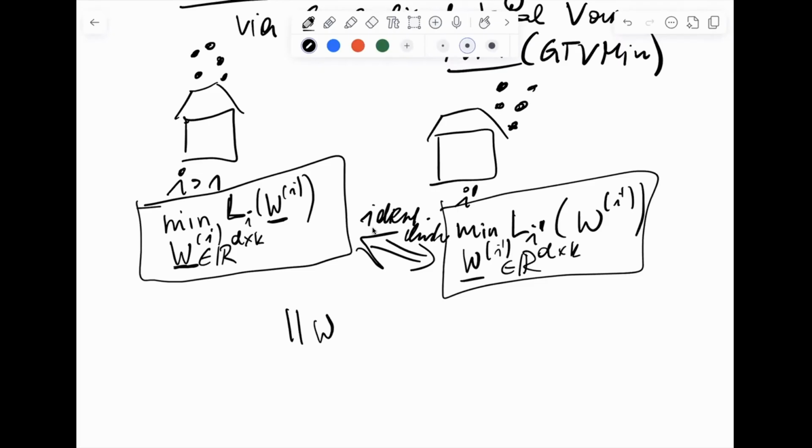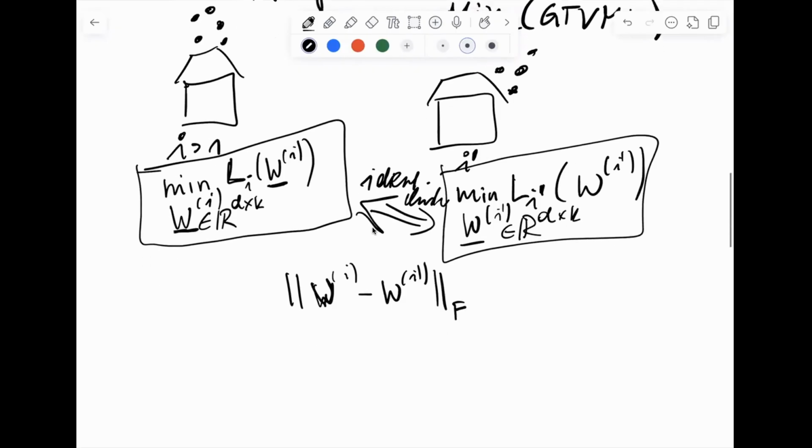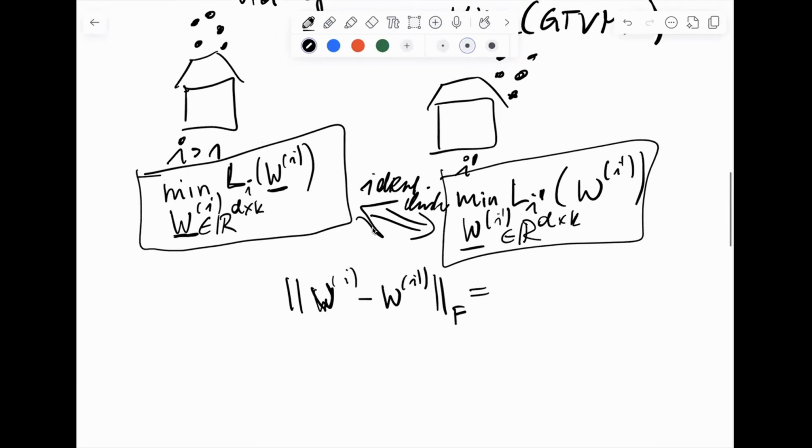We could measure W_i minus W_i', and then use some matrix norm, like Frobenius norm or whatever matrix norm you like. And we can force this to be zero. So the optimization variables should be identical. So they should be in consensus. There should be a consensus among the individual optimization problems.